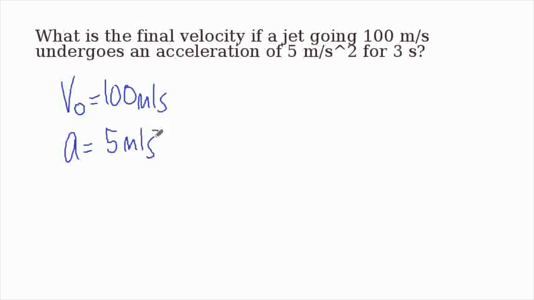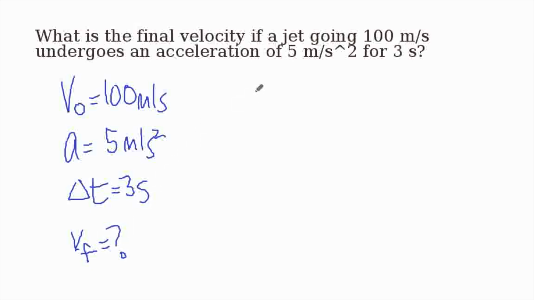All right, so let's summarize what we know. So the initial velocity is 100, the acceleration is 5, the change in time is 3, and we are looking for the final velocity.